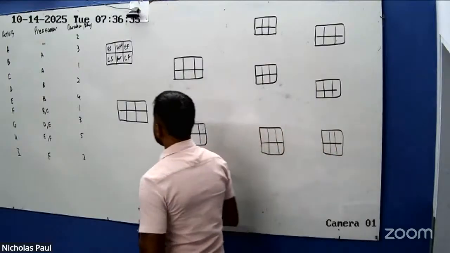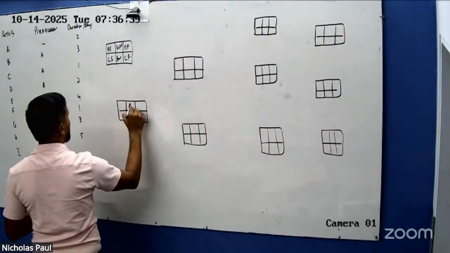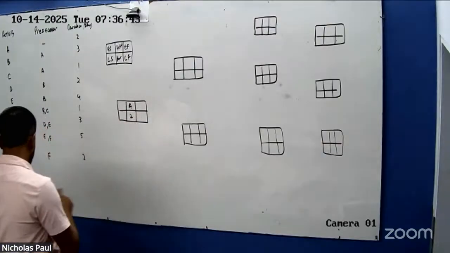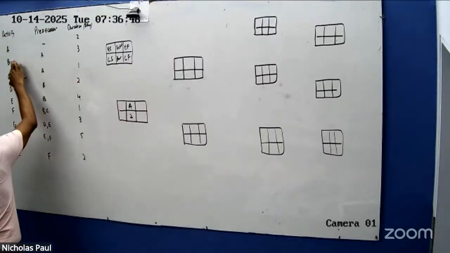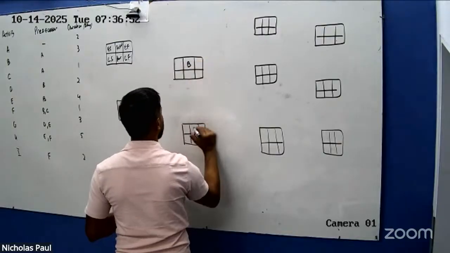So let's start. You recognize A has no predecessor, so A goes here and 2 goes here because it takes 2 days. Next, B and C are dependent on A. So let's put B here, C here.